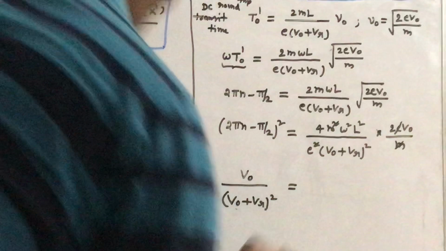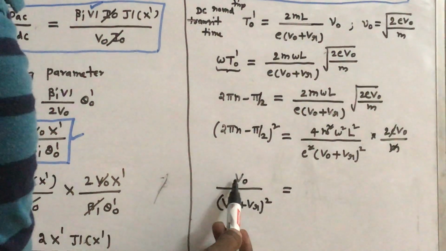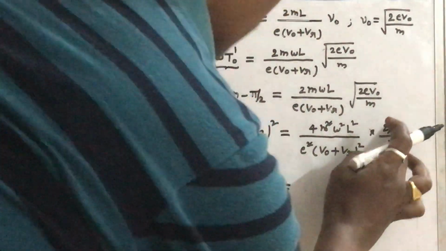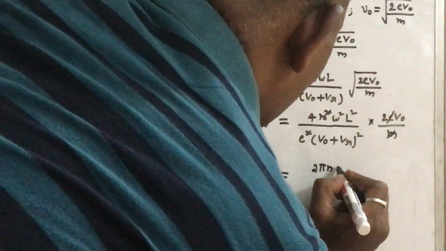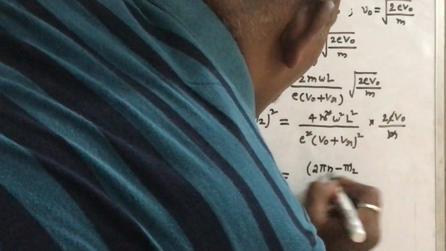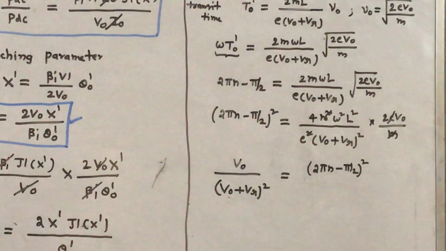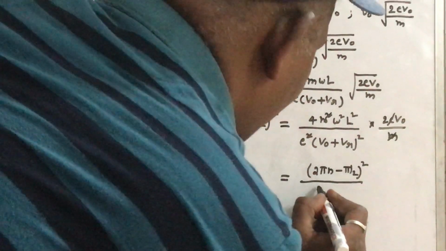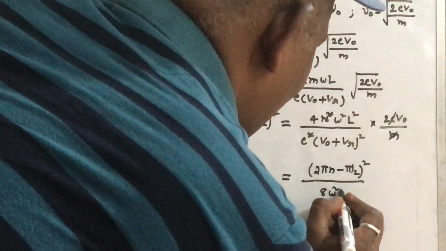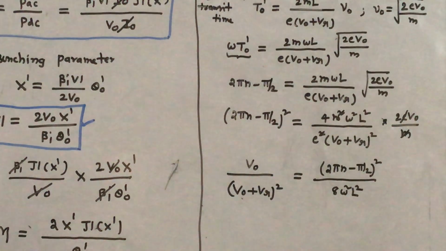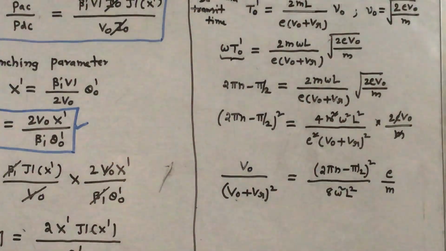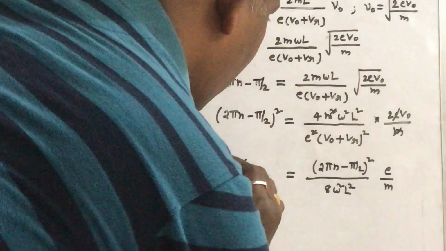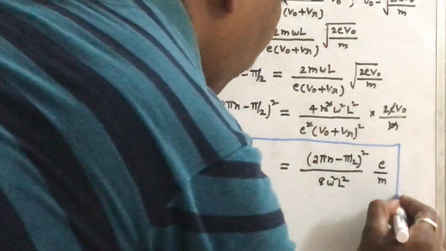Here V0 is the cathode voltage, VR is the repeller voltage. So what is the formula? V0 by V0 plus VR whole square is equal to 2 pi n minus pi by 2 whole square by 8 omega square L square into E by M. This is a very, very important formula in this chapter.